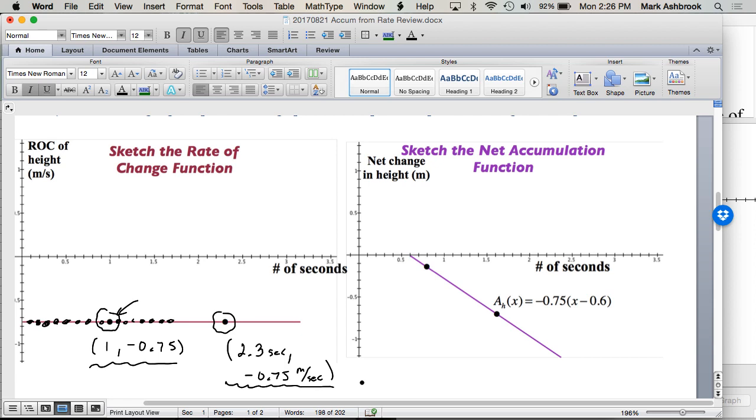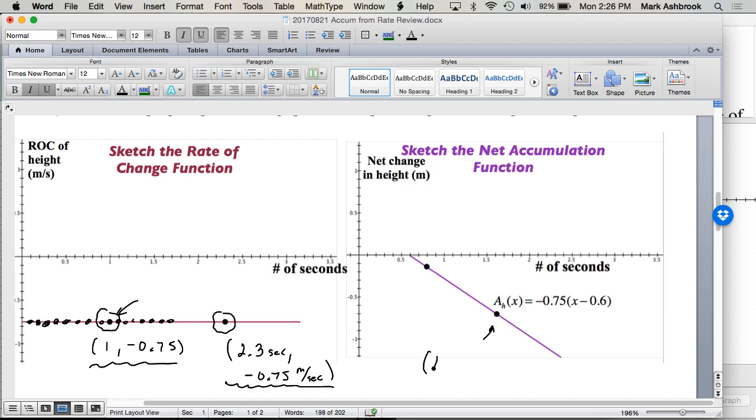Okay, so let's just do this one right here. So who can tell me the meaning of that second point on this graph? Somebody new. The meaning of that point. Yes, sir. The net change in height at x equals 1.6 seconds.